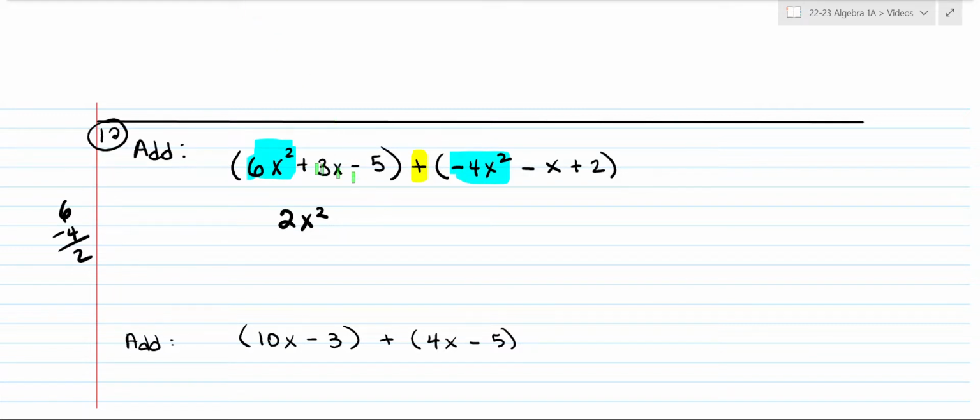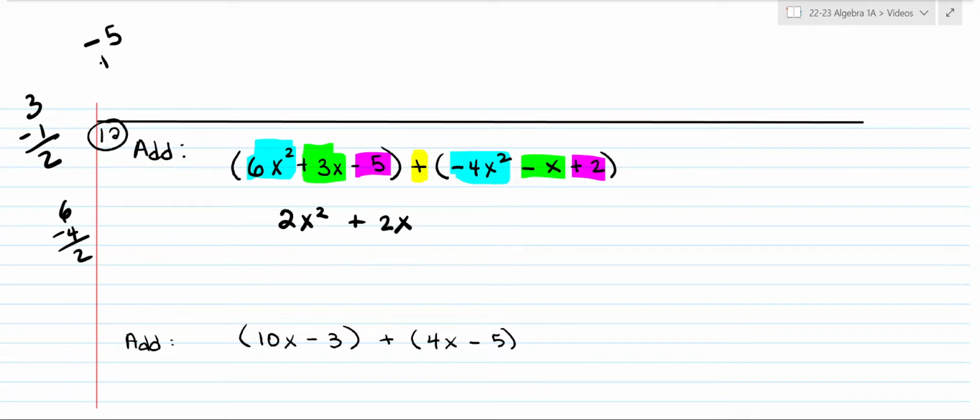Then 3x, and once again, this is 3 minus 1, which is just 2, so plus 2x. And lastly, this is just negative 5 plus 2, which is negative 3.